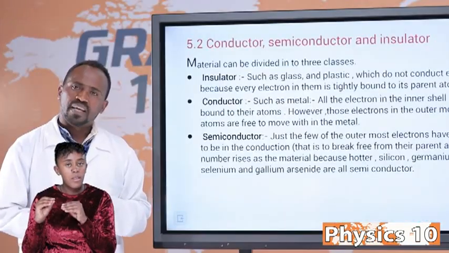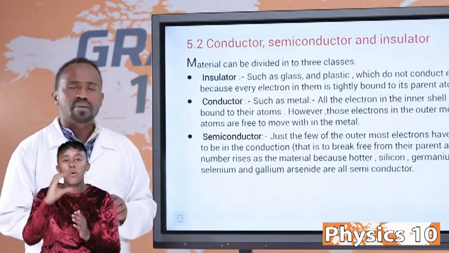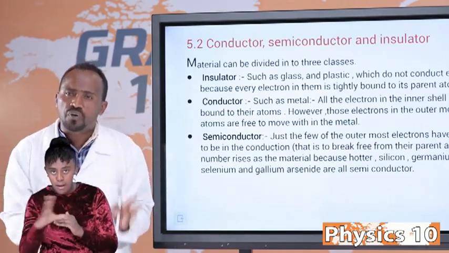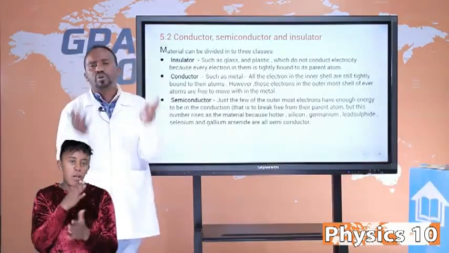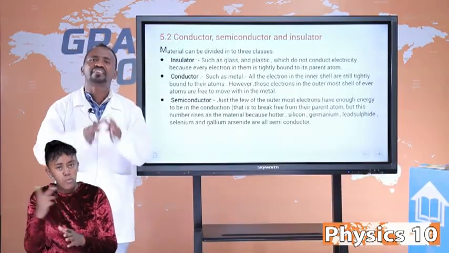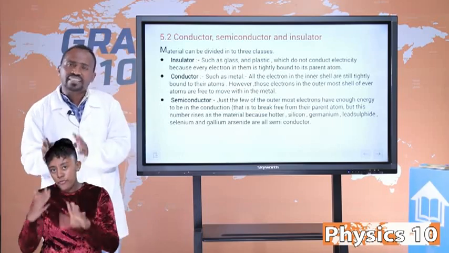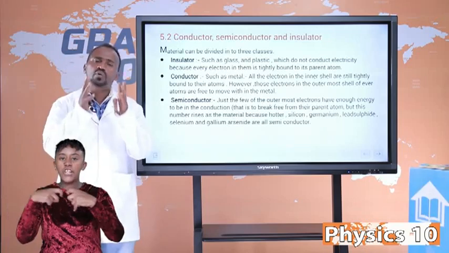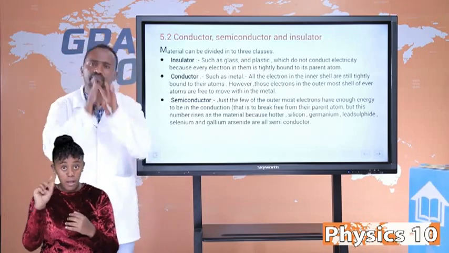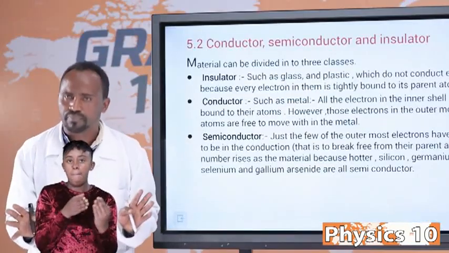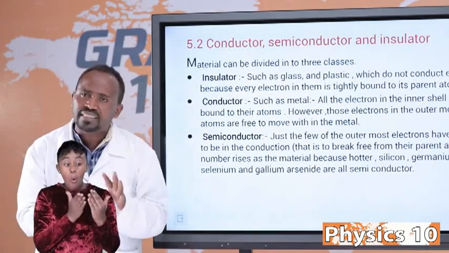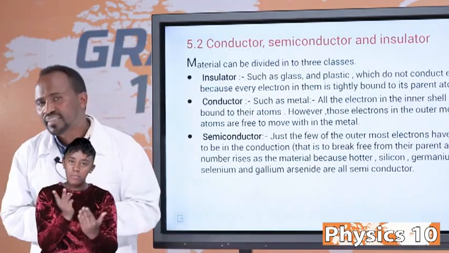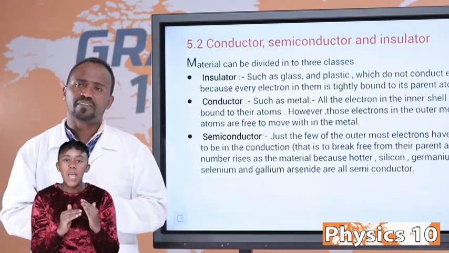Students, let us see conductor, semiconductor, and insulator. It is not new for you because you learned about them in different subjects. A conductor is a material which conducts electricity, while an insulator is a material which does not permit the passage of electricity through it. A semiconductor is intermediate between conductor and insulator.